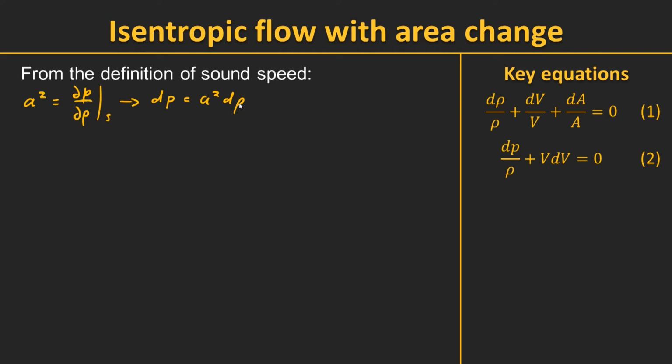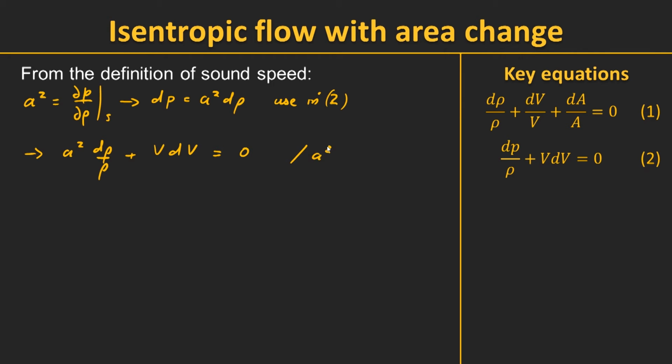If we use this in equation 2, so we're using it here to replace dp, what we're going to end up with is a squared dρ on ρ plus v dv is equal to 0.